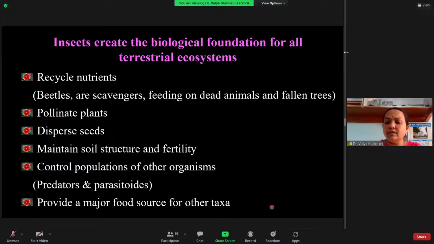And then you have it provides a major food source for the other taxa. So that means the insects are playing a very important role in the food chain, especially in the aquatic ecosystem. We have the dragonfly nymph, which is there in the water, mayfly nymph, okay, stonefly, okay, all these immature stages that you have studied in the last courses.